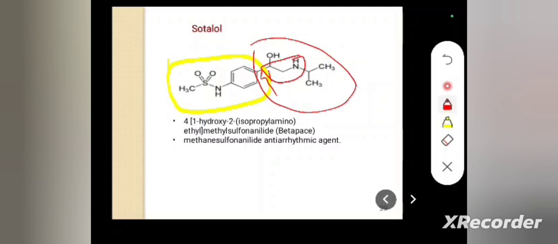This is the substitution at the fourth position of phenyl methane sulfonamide. So this is the chemistry of sotalol, and it again shows antiarrhythmic activity by blocking the beta receptors. Also sotalol shows class third antiarrhythmic property, because it can also block potassium channels.